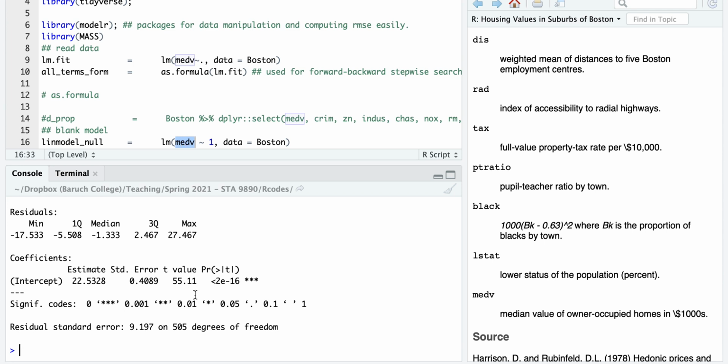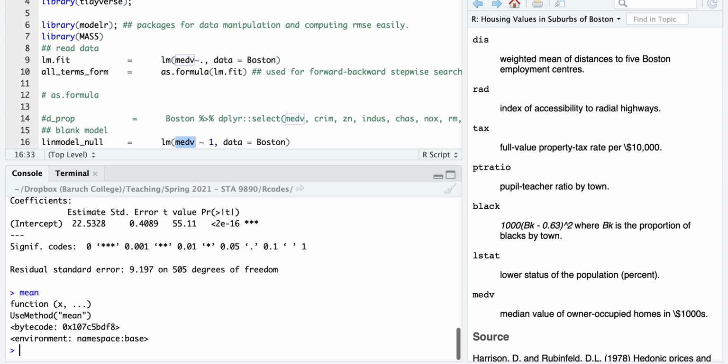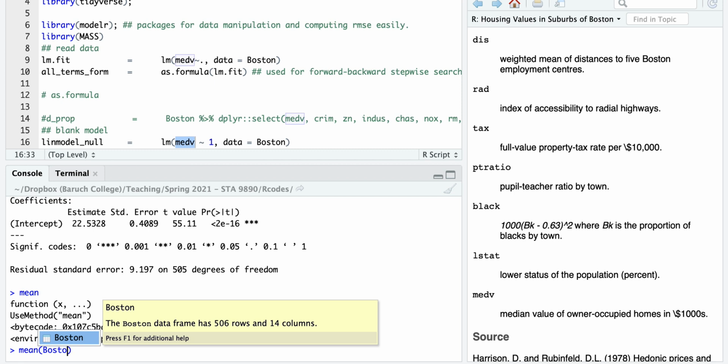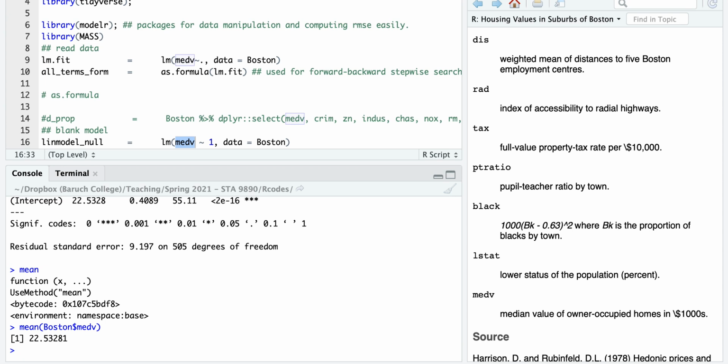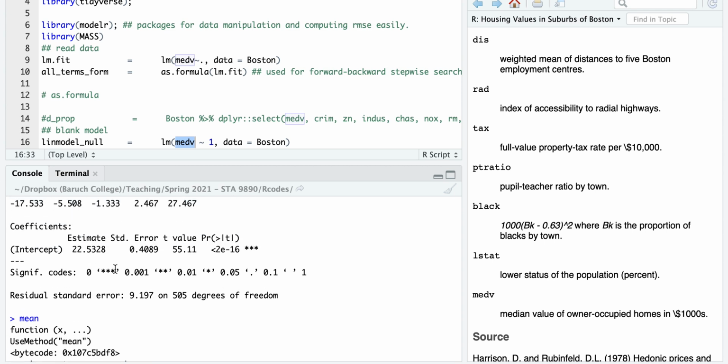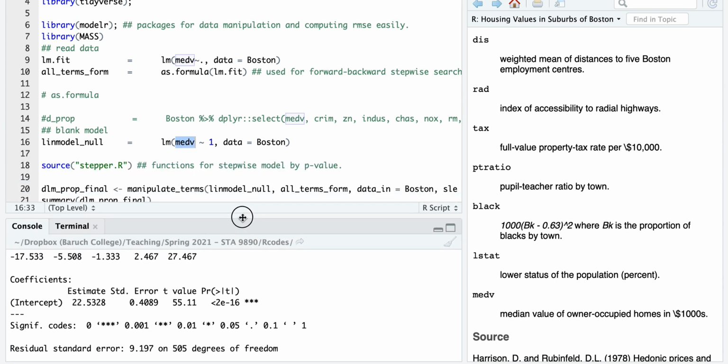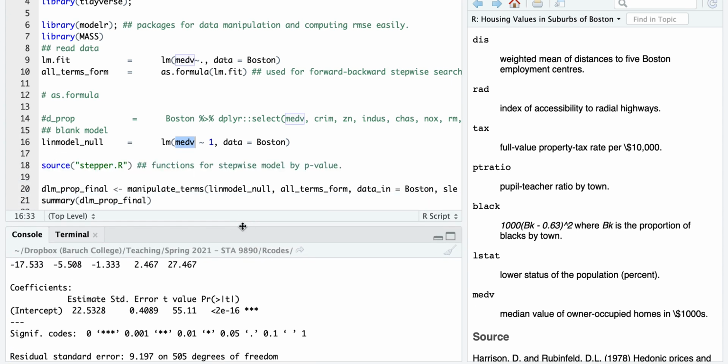So it will be the mean of the Boston values. Yes, so you see the mean response: if you fit the intercept, the mean response becomes the intercept.